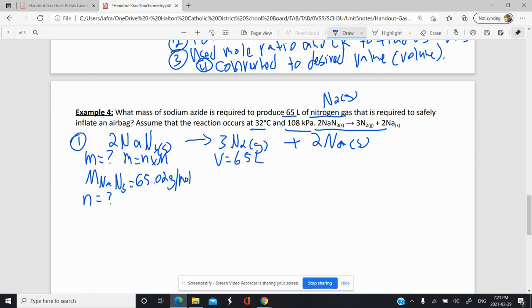Now we're given that we want to produce 65 liters of N2. And so what we can do is find the number of moles of N2 under these conditions, use a mole ratio to find the number of moles of NaN3, and then convert that to mass after. So let's write out what we have for this. We have volume over here. We also have the pressure, which is 108 kPa.